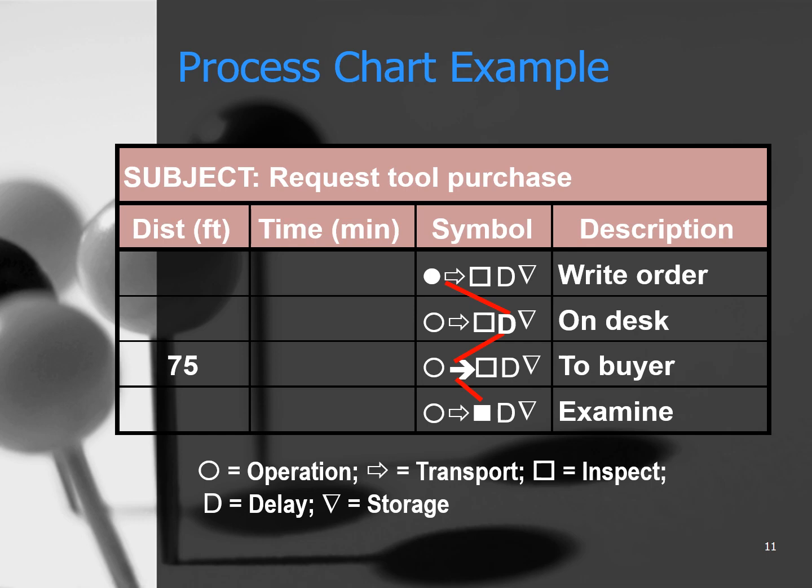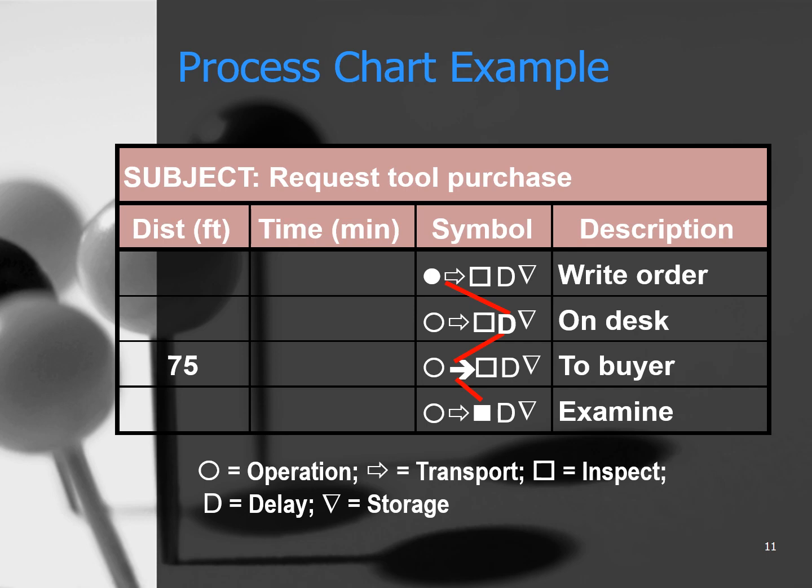So the distance to the buyer is 75 feet. That's the distance in feet to reach the customer. But there's no time stated here, though maybe it takes 1 hour to reach the customer, for example. Okay, so this is an example of a process chart.